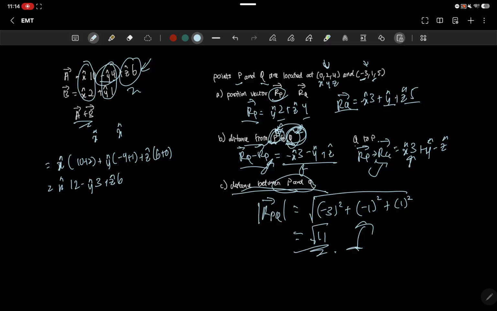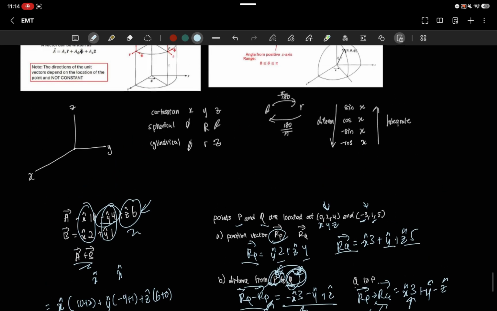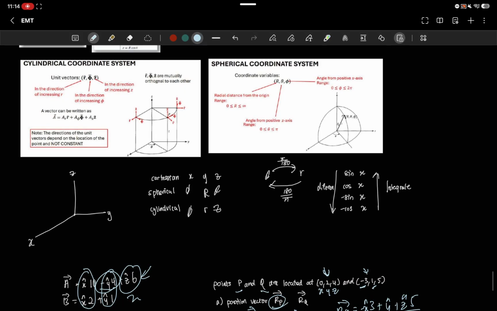Before we begin the next part, we need to understand certain stuff. In the coordinate system we have three types: Cartesian, spherical and cylindrical. This is our reference coordinate position or axis. Our x-axis is always here, y-axis is always here, z-axis is always on top. If we use this table, it's easier for us to translate.